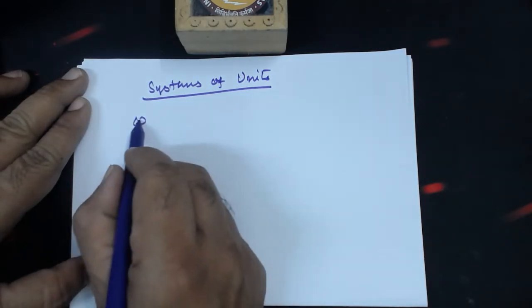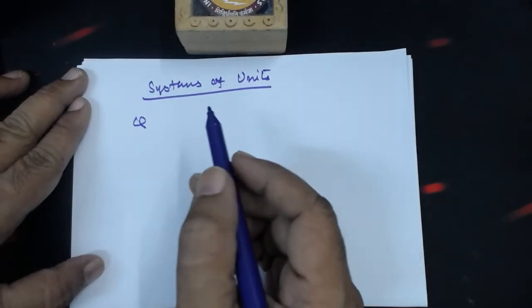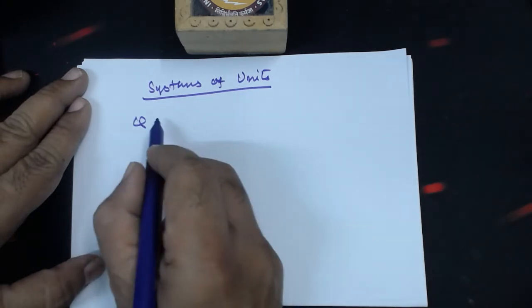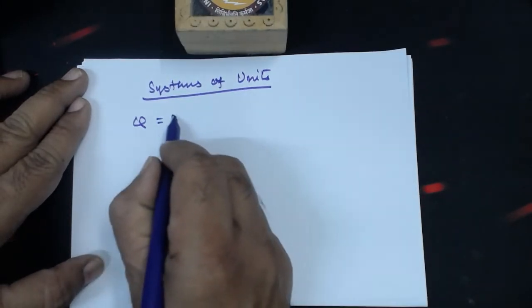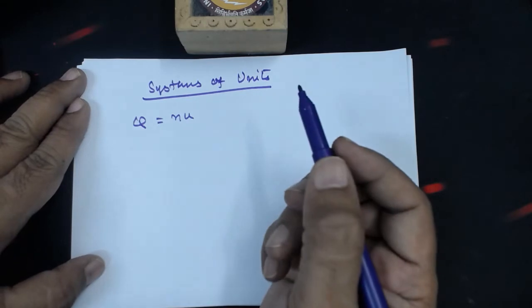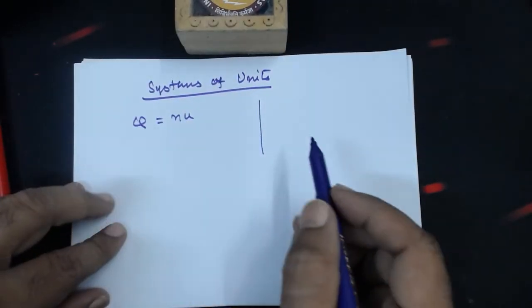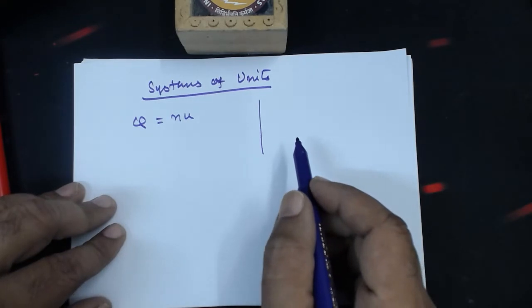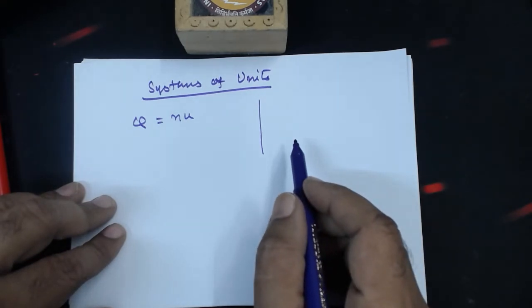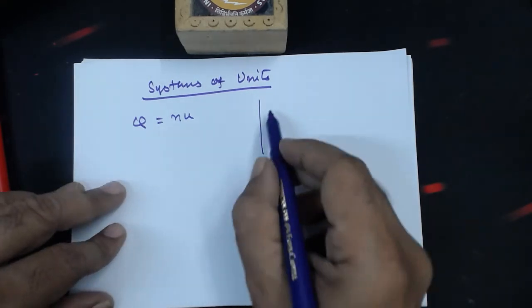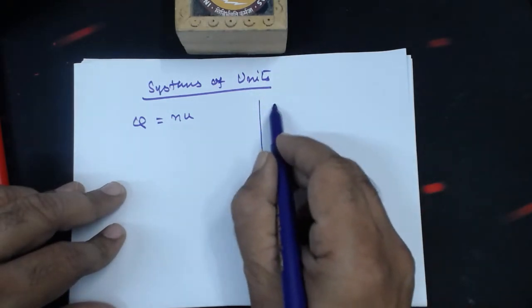We have some quantity that is represented by Q is equal to N into U, where Q is the quantity, the physical quantity.